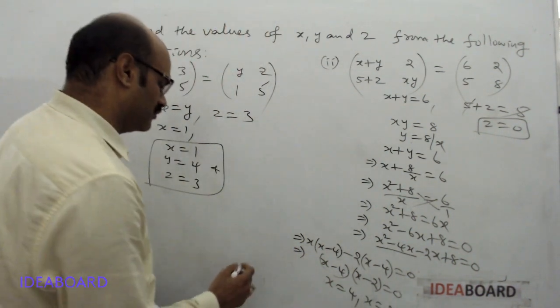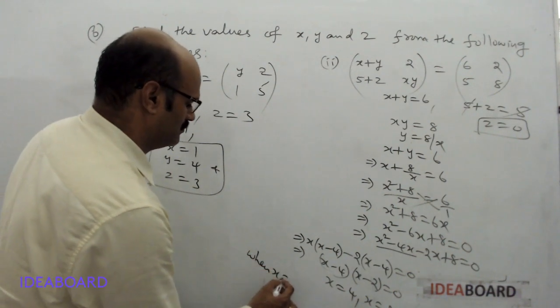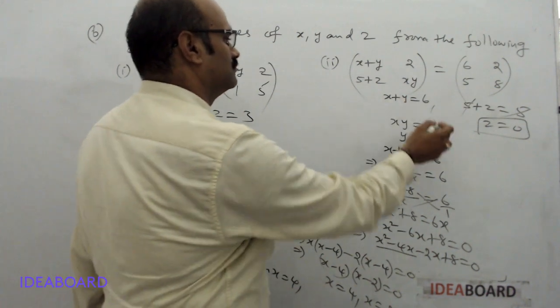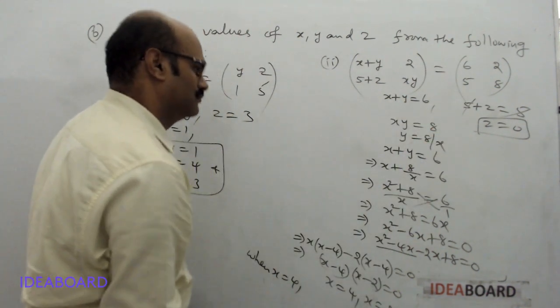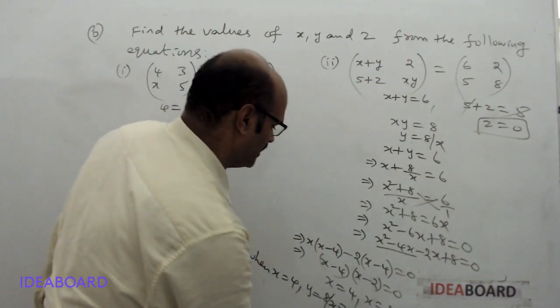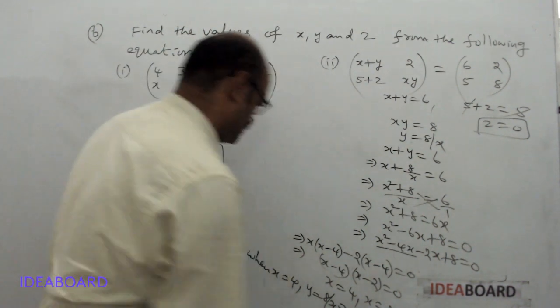So when x equal to 4, y equal to 8 by x. So 8 by 4 equal to 2.